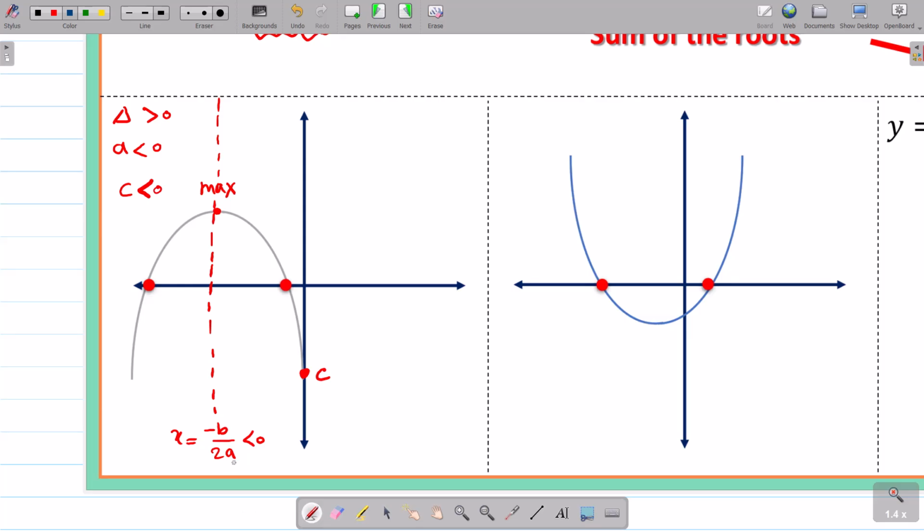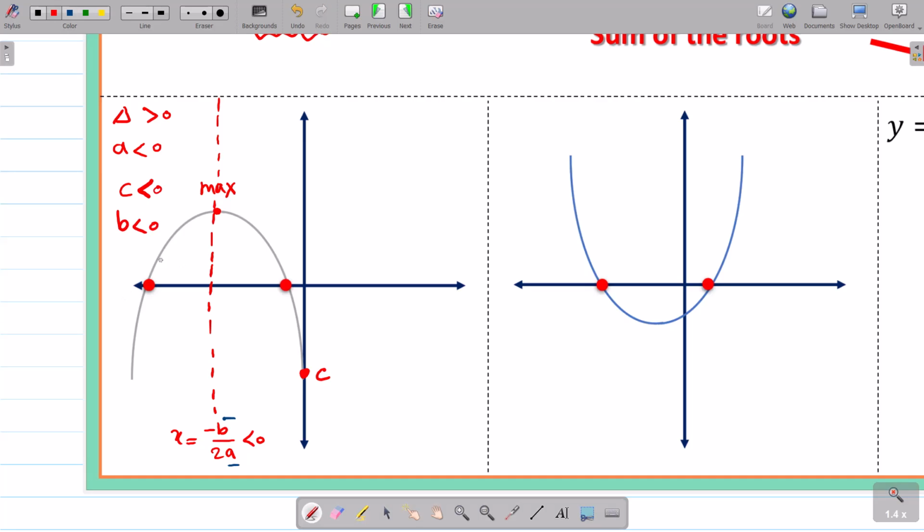So a is negative, and we have a negative in the expression. Negative to negative is positive, so B should be negative. To make our total expression negative, we should have an odd number of negatives in the expression. So we have 2 here, and B should be negative, so we make the whole expression negative. So we know that B is less than 0 as well.